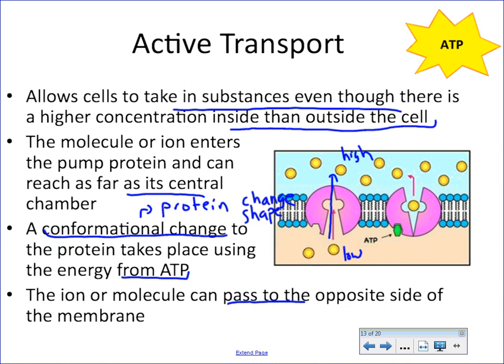So as that molecule now enters into that protein pump, the protein has one particular shape to it, and once that ion enters, ATP is then used, and that protein pump will now change shape. And this will allow the ion to move out of the cell, for example.